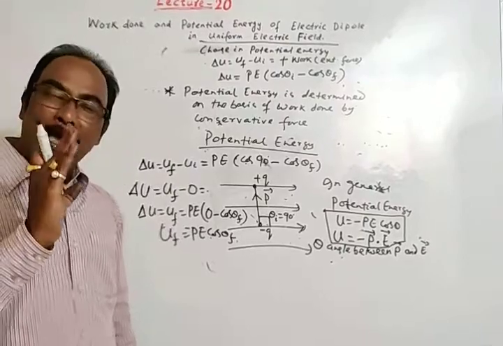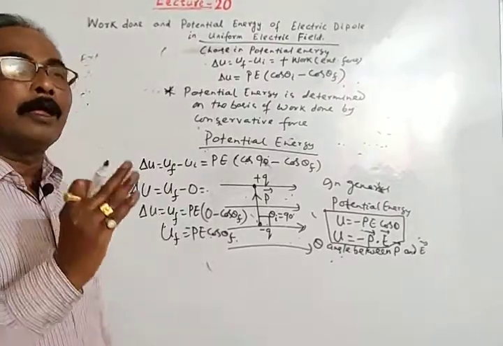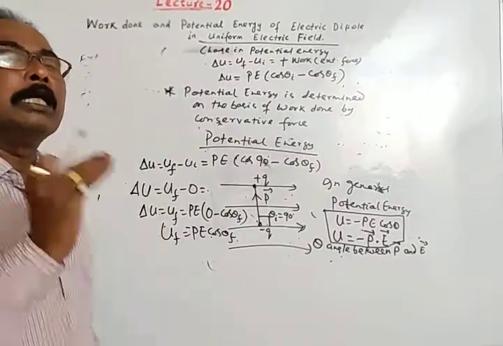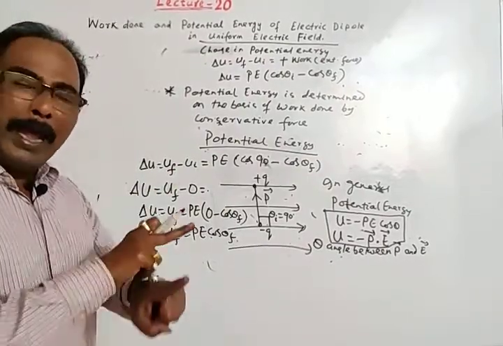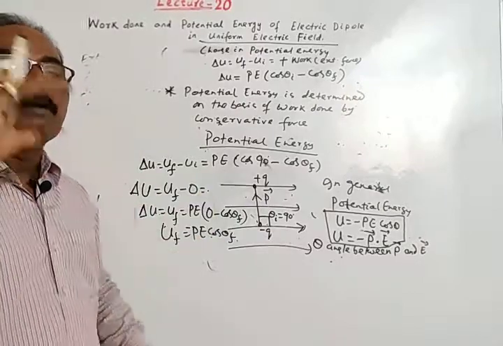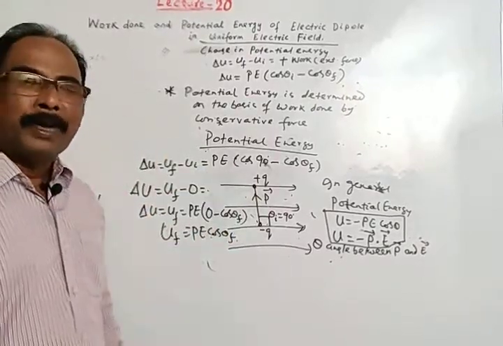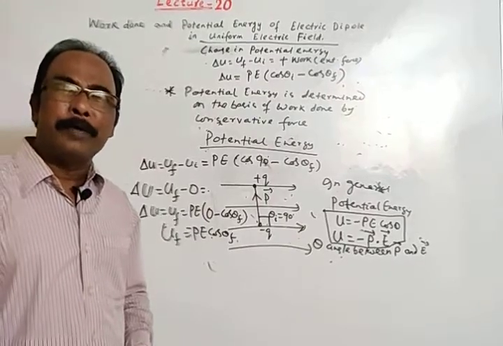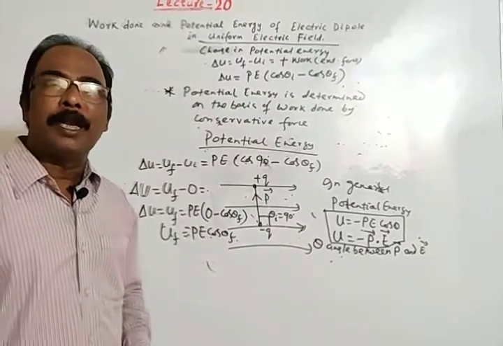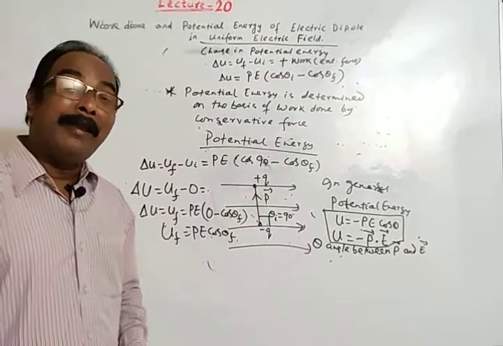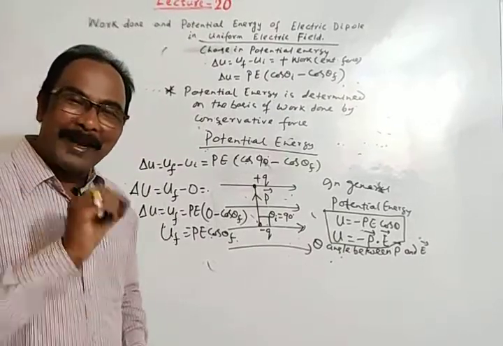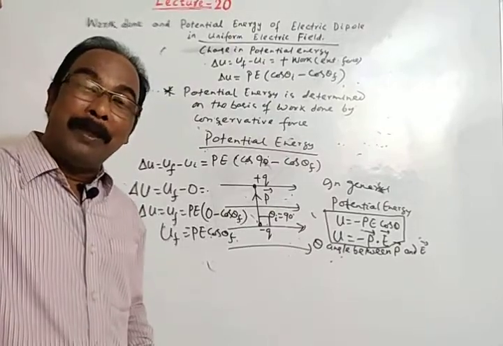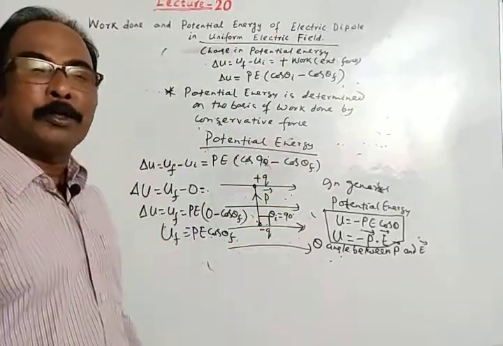Again, potential energy is determined on the basis of work done by a conservative force. To get potential energy, we have to take the initial position or reference point in such a way that potential energy must be 0. This is our assumption. Just recall, my dear students, in a gravitational field or in an electric field of a point charge, potential energy is 0 at infinity. So infinity is the reference point.